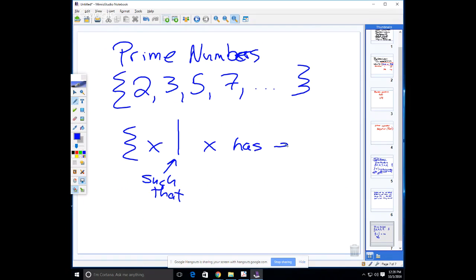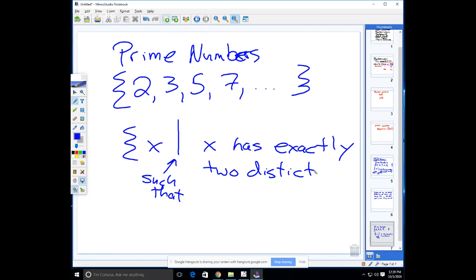X has exactly 2 distinct factors. That's one way to describe a number that's prime. So let's just play around with a couple of numbers and decide whether they are prime or not prime. So I believe a number is prime if it has exactly 2 distinct factors.